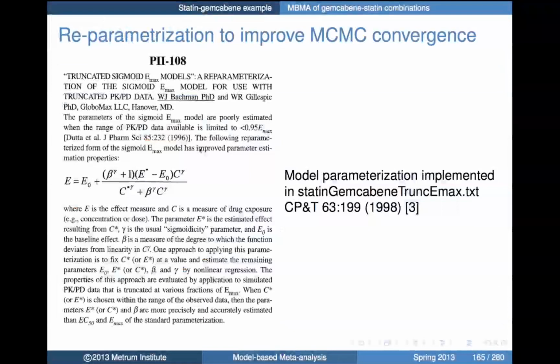The basic idea is, instead of having Emax as the primary sampled parameter, I'm going to use something labeled here as E star. This E star would be essentially the effect at some arbitrarily specified concentration, or in our case dose, which is labeled C star. You would typically pick that C star to be somewhere within the range of observed values.